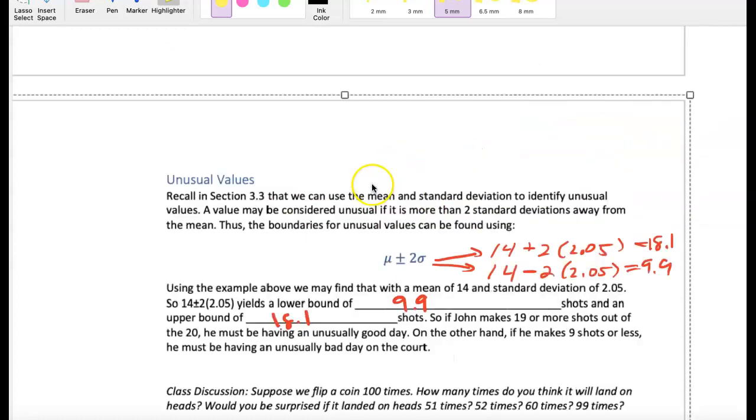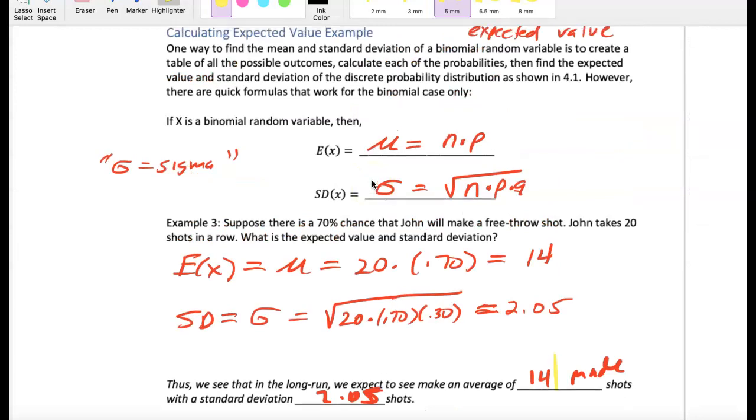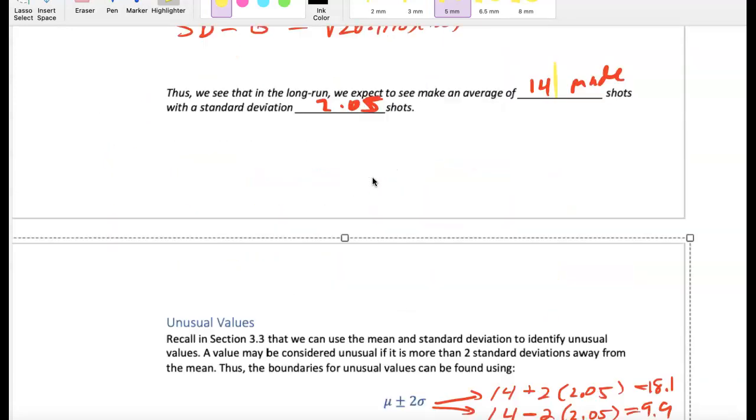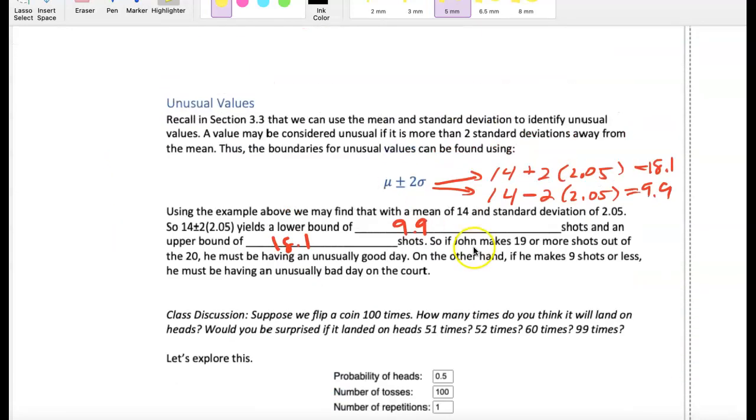He's no longer the 70% shooter we assumed him to be. That's how statistics will be used, and how we use probability to evaluate scenarios and understand whether we just saw something unusual. Did he get lucky, or has something fundamentally changed? Is he better or worse?